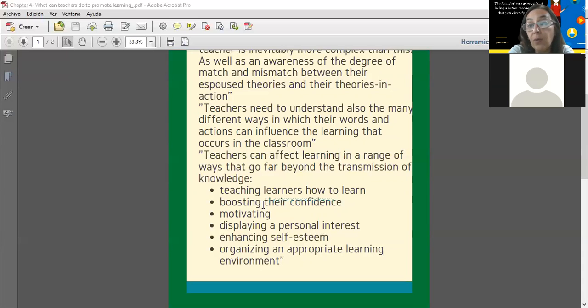But if you know that there is one student that is shy, do not make him or her read in a loud voice. Perhaps ask them, when you are monitoring an activity, to read the instructions or some sentences next to their desks, so that they are not exposed to the rest.